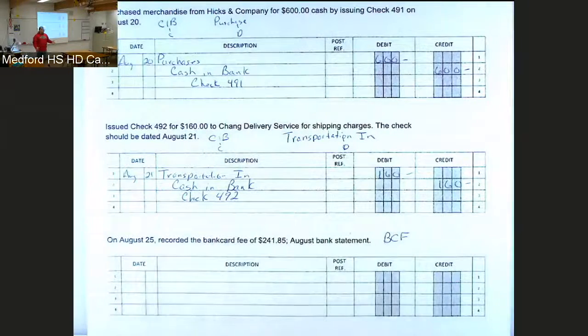Is bank card fee going to be an increase or decrease? Going to increase? Absolutely. What type of account is bank card fee? There's that table of new accounts that we went through, page 1 or something in your study guide.